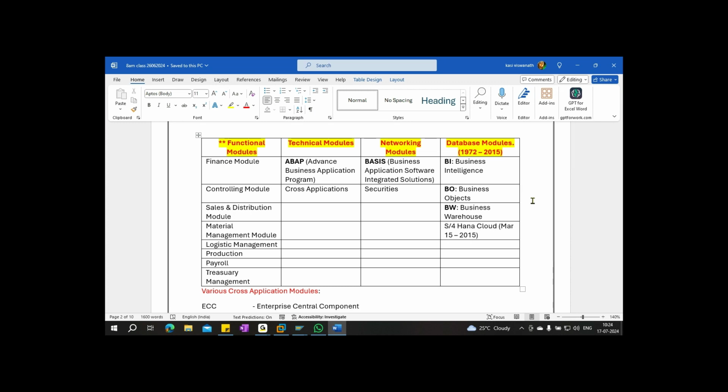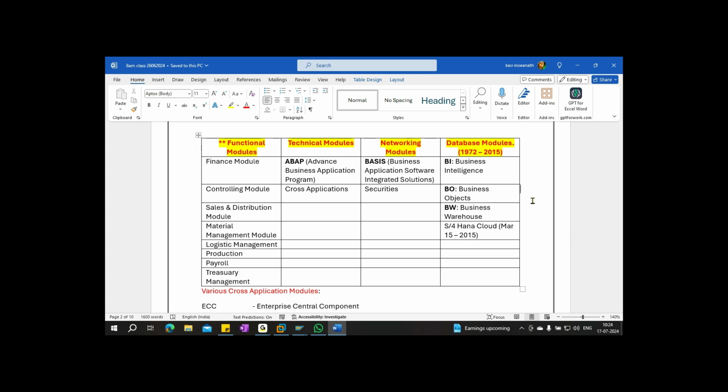So, what are the available functional modules in SAP?